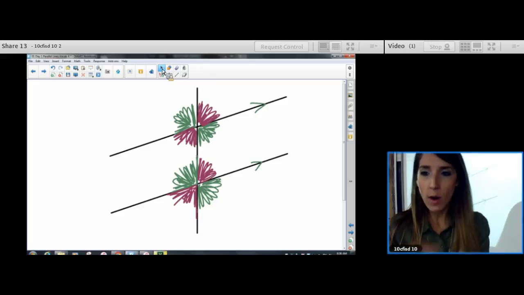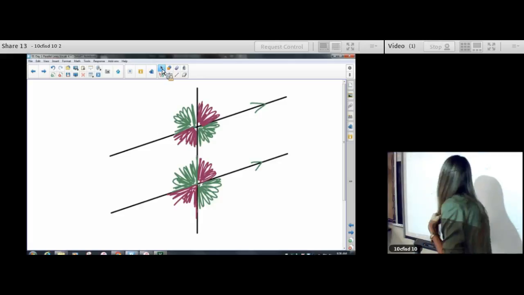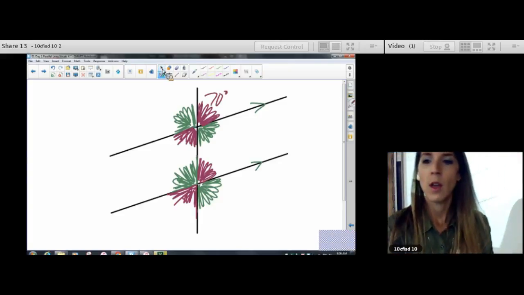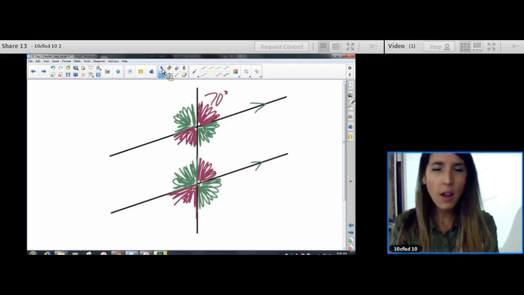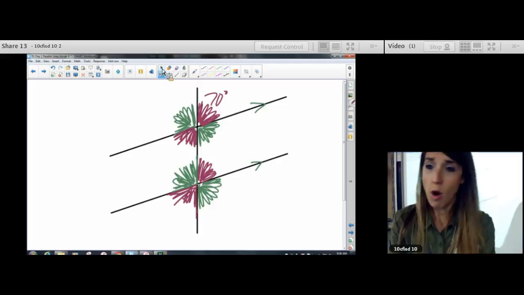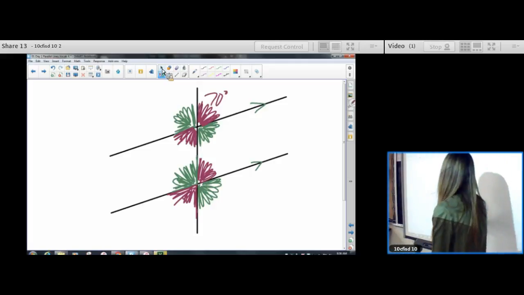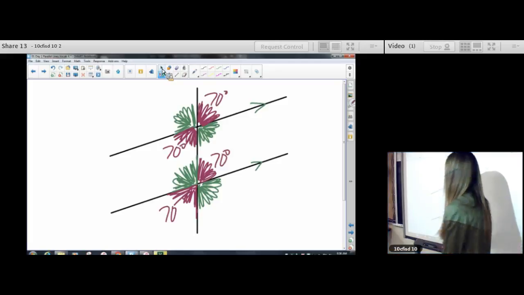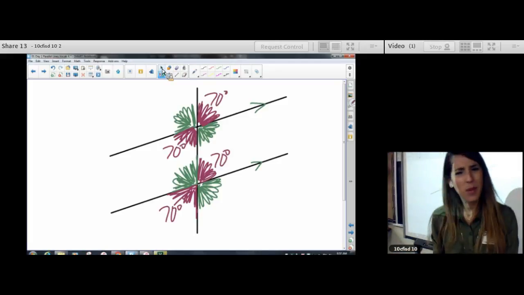Now, if you knew one of those angle measures, let's say that this one was 70 degrees, could you find all 8 angles? Could you? So all the ones that are red or maroon are 70. You're 70, you're 70, you're 70. But then what are the green ones?